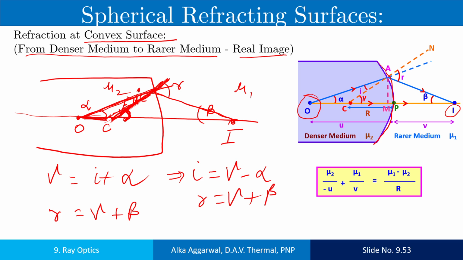According to Snell's law, mu2 upon mu1 is equal to R upon I. So, I into mu2 equals R into mu1. Now put the value of I and R, then replace alpha, beta and gamma by tan alpha, tan beta and tan gamma, and the method and procedure is the same as we have done previously.